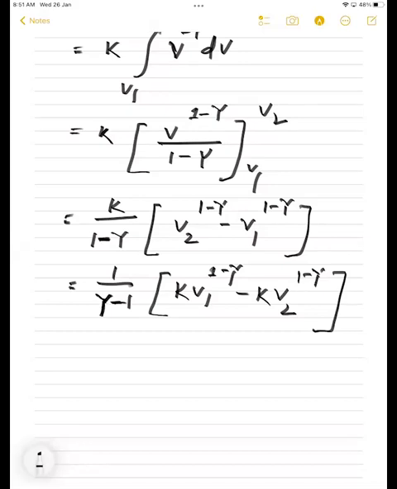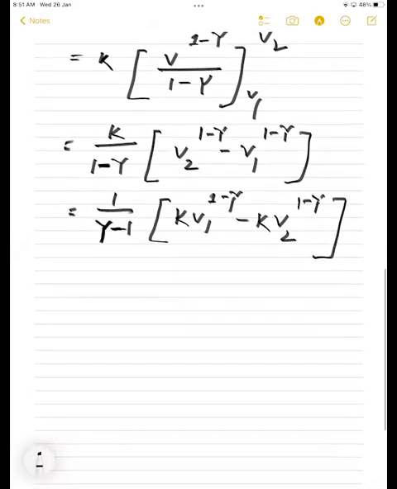I took a negative sign common. Okay. So that will be 1 by gamma minus 1.